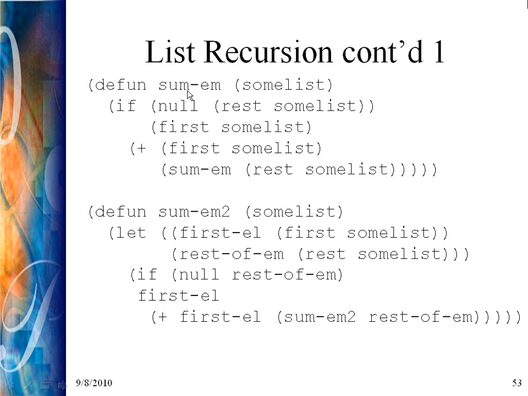Just a couple more recursive functions. You can get these when you look at the slides. I don't want to go into them in much detail, but what I want to tell you is this first one simply adds up all the elements of the list. And the second one does the rest of them first.